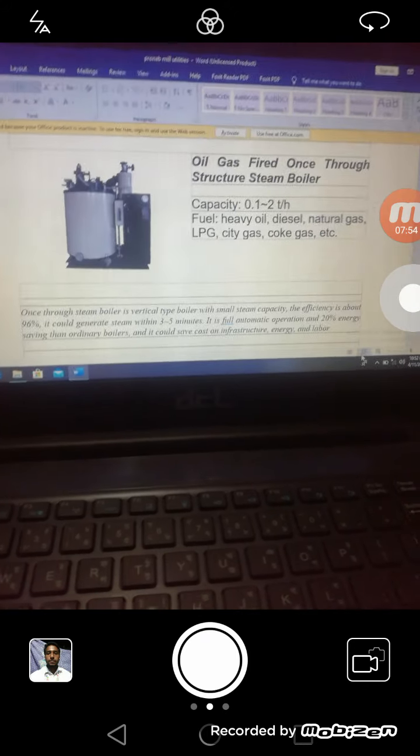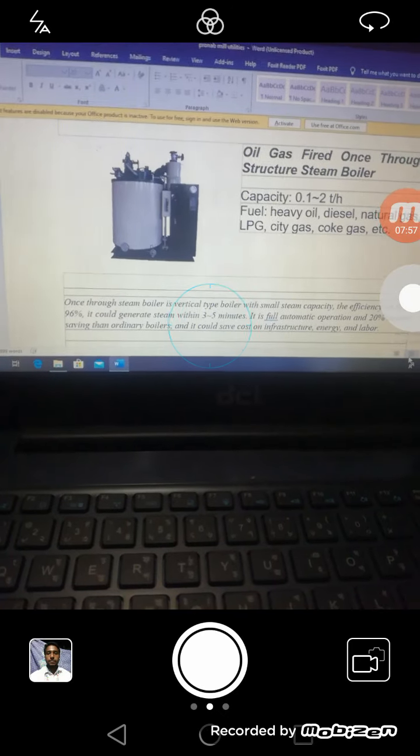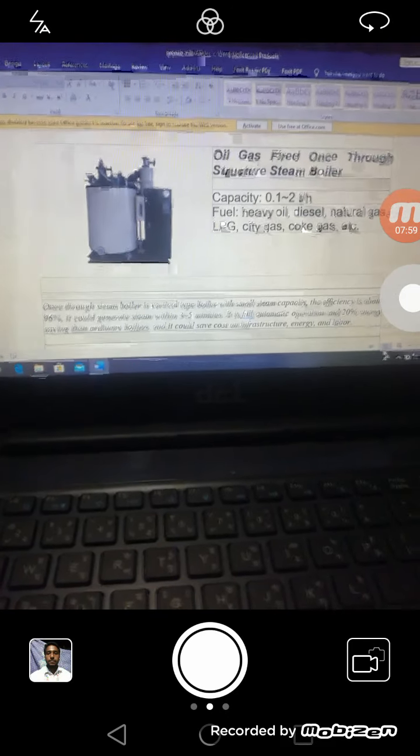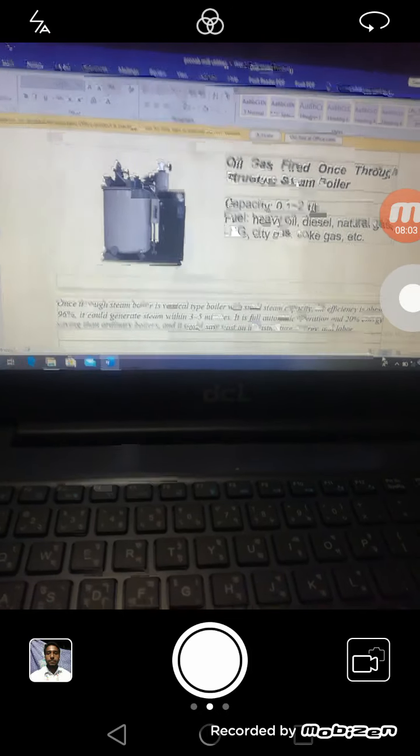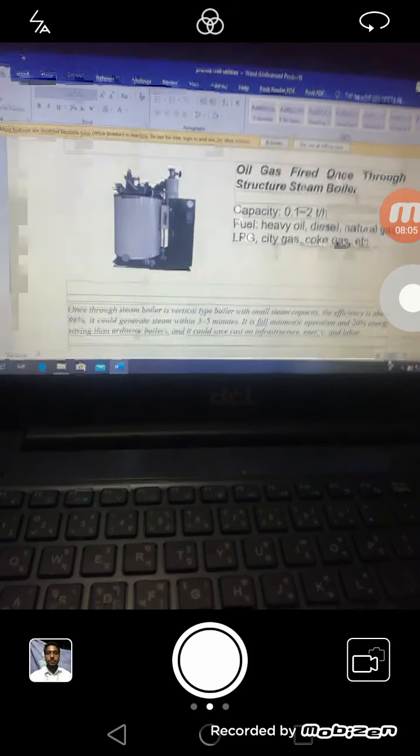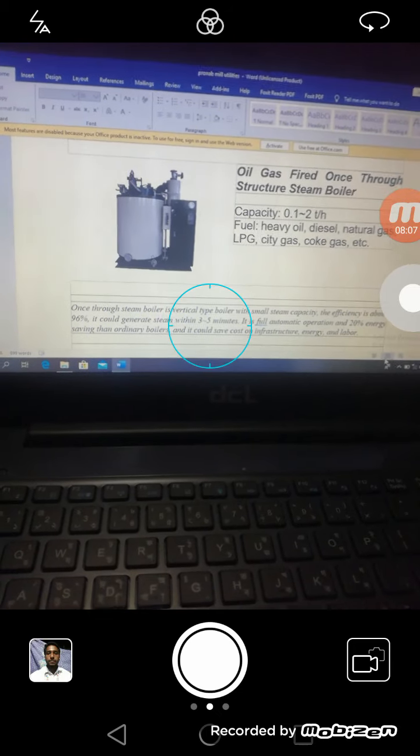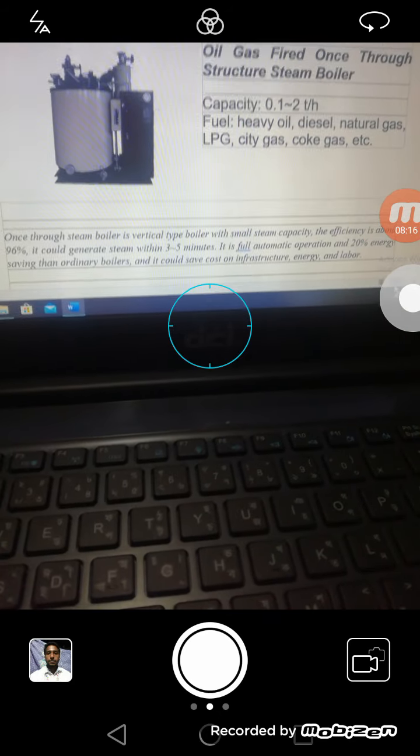Here I present the oil gas fired once through structure steam boiler. Here the capacity is 0.1 to 2 tons, and fuel is heavy fuel, diesel, natural gas, LPG, city gas, coke gas, etc. Once through steam boiler is a vertical type boiler with a small steam capacity.